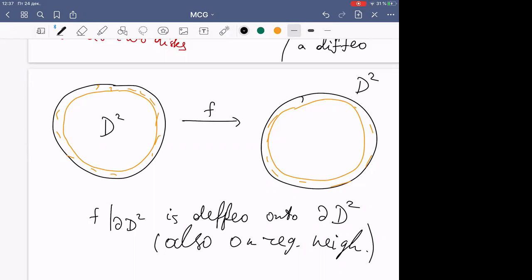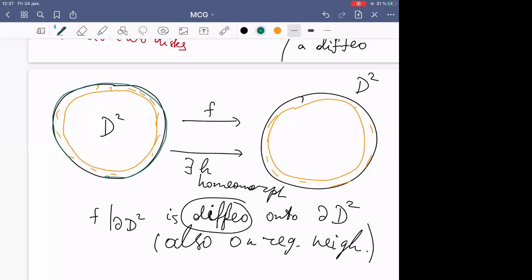But this is a completely easy assertion. There is a homeomorphism here. First of all, it is better to proceed as follows. Let us regard these two copies of D2 as the same disk.